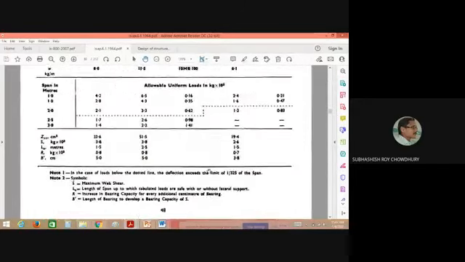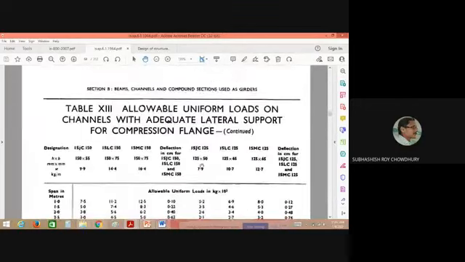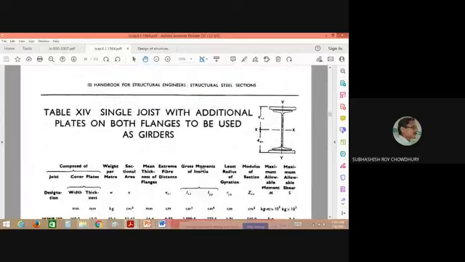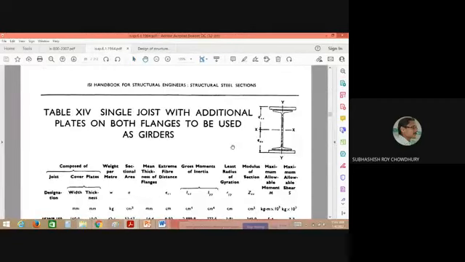Actually, compound section. What is a compound section? Compound section means a number of standard rolled steel sections are combined, and ultimately they are used as a single member. One is called the plated beam. Plated beam means some plate elements are connected to the flanges of the beam. That picture I am sharing with you.